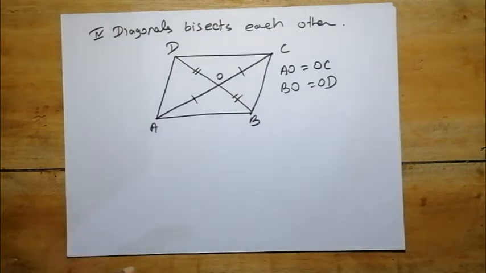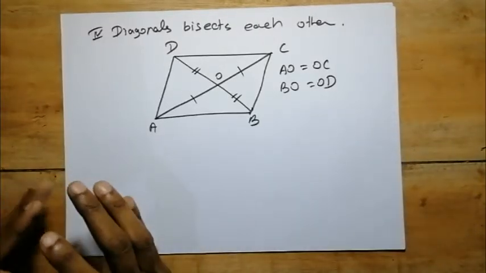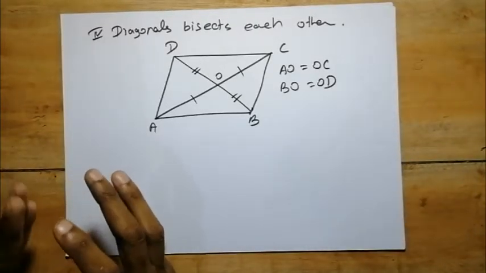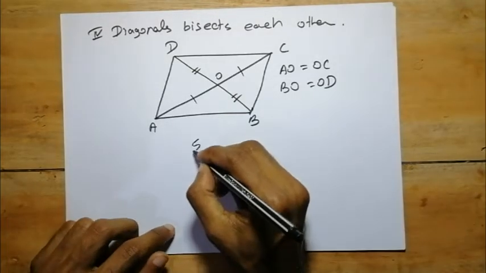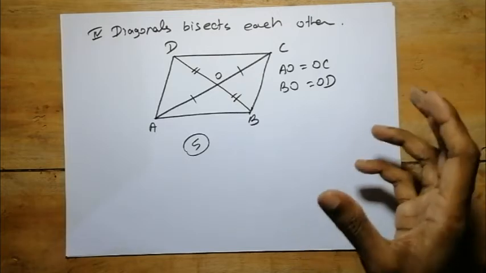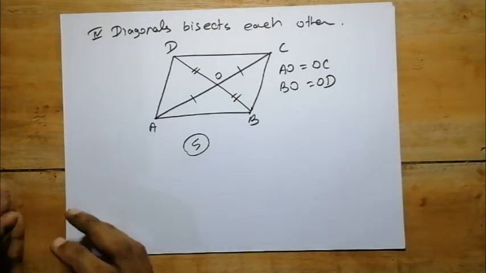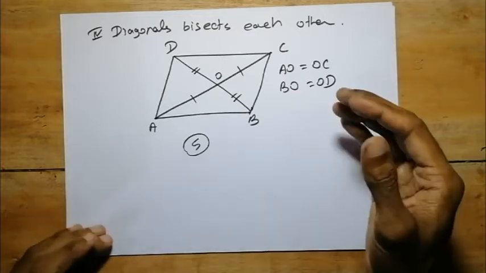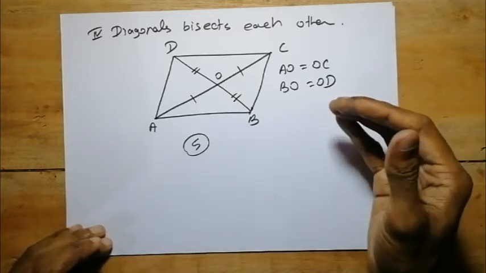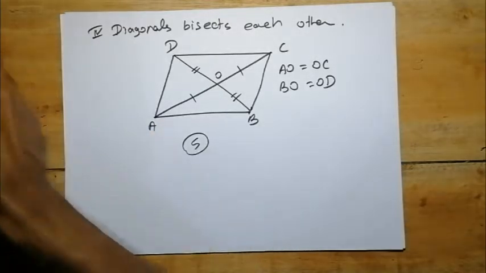When a parallelogram is given, all these characteristics are there. Is that correct? All these four, or all five? There are five. One of the characteristics is universal, and the other four we can prove with the universal factor. What are the four?